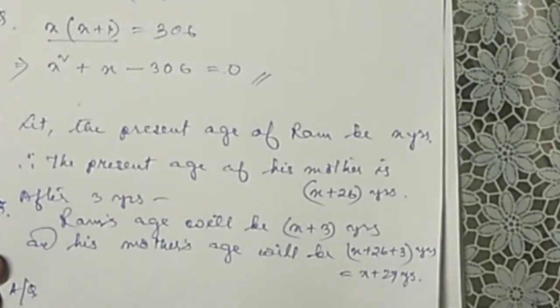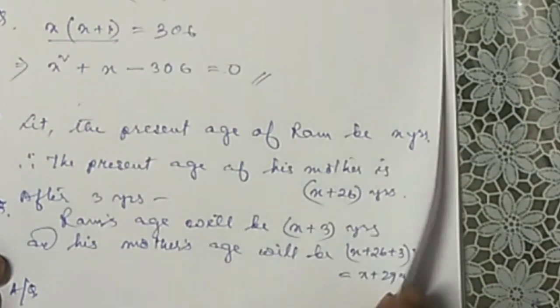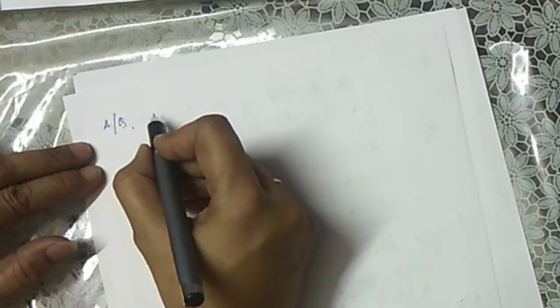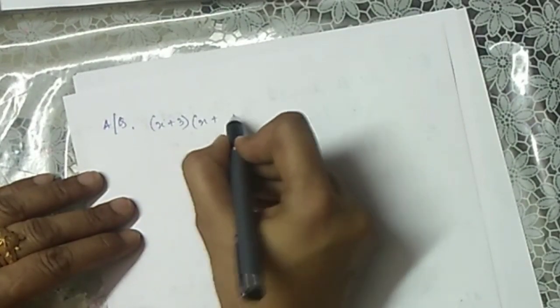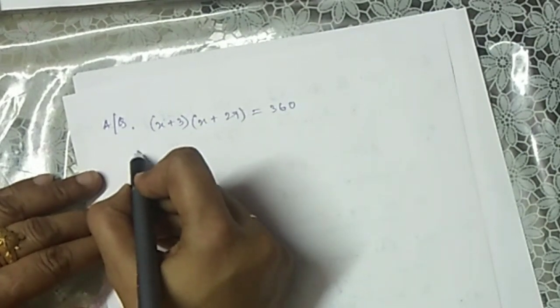According to the question, the product of their ages, I am doing at the back page. According to the condition, the product of their ages is equal to 360.